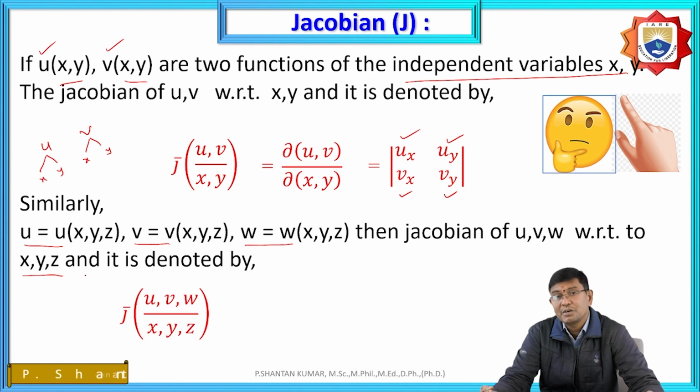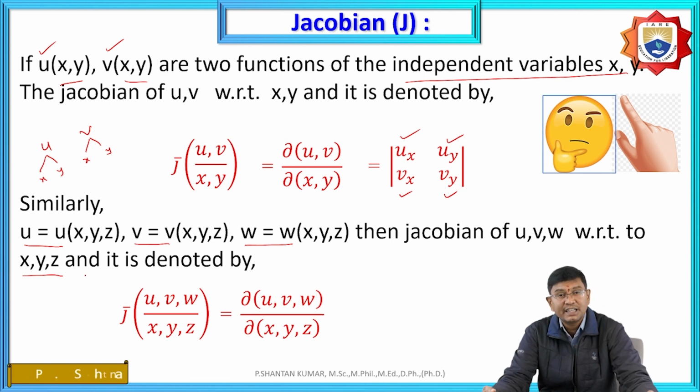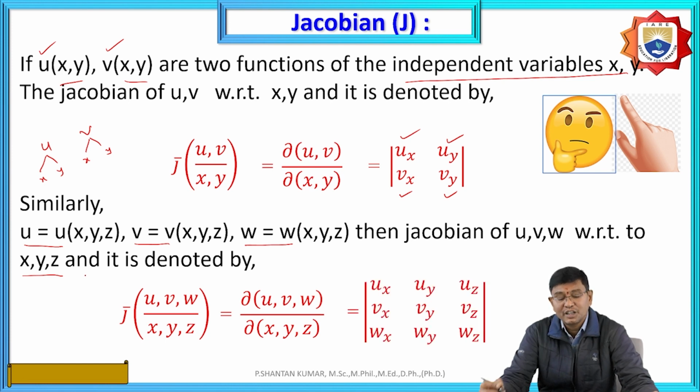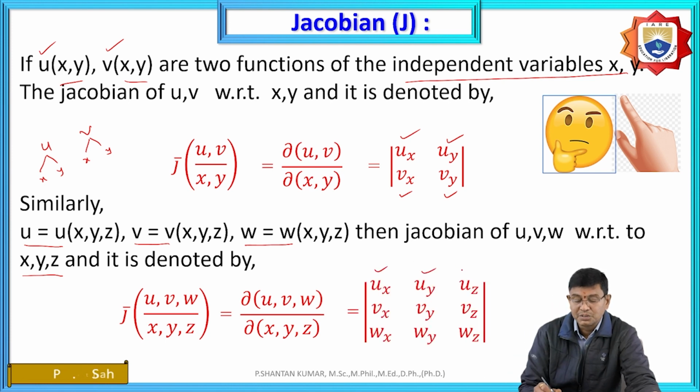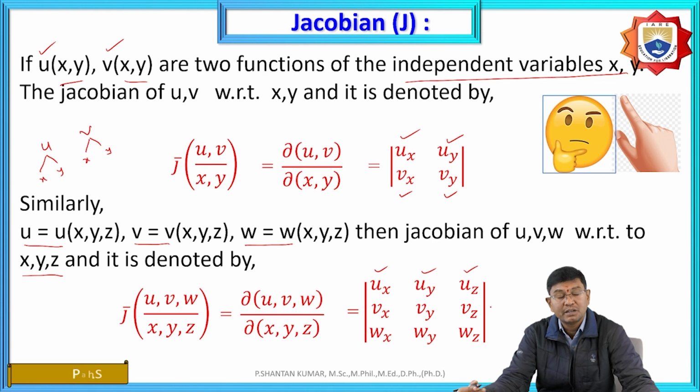J of u, v, w by x, y, z is equal to ∂(u,v,w) by ∂(x,y,z), which is a 3 by 3 determinant: ux, uy, uz; vx, vy, vz; and wx, wy, wz.